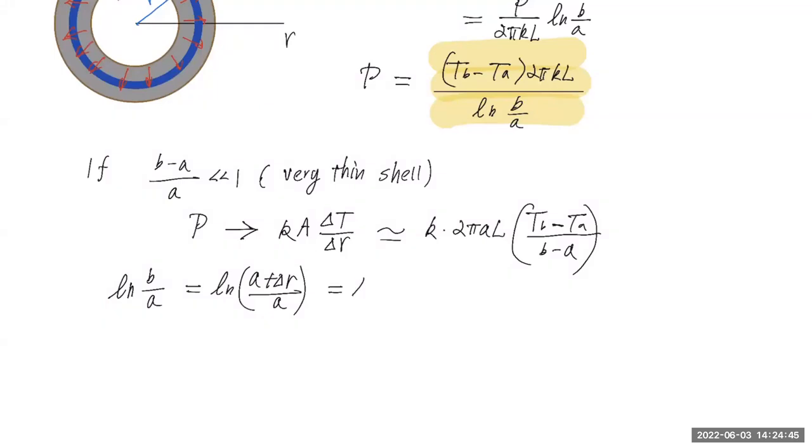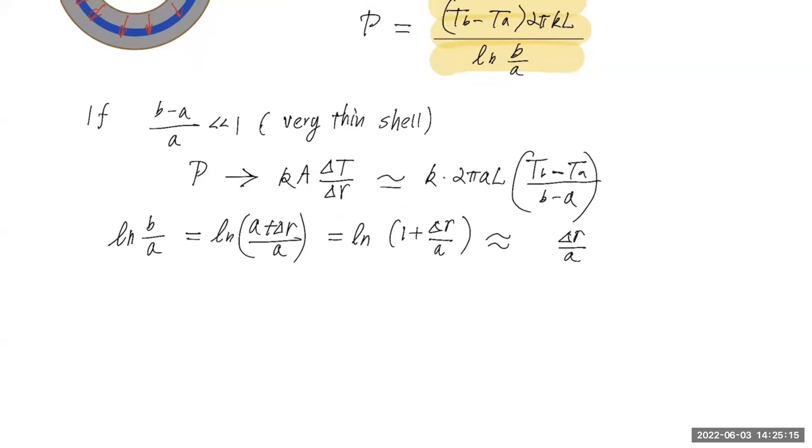Let's see what happens. So this is natural log of 1 plus delta r over A. And delta r is a lot less than A, right? So this is roughly equal to what? Just delta r over A. If you don't recall where that formula comes from, here's a little math tip.